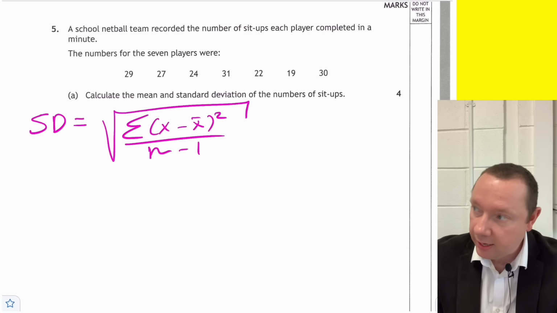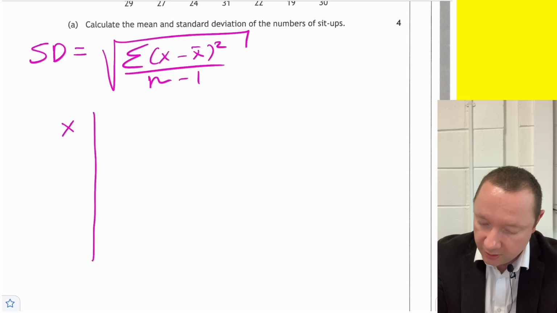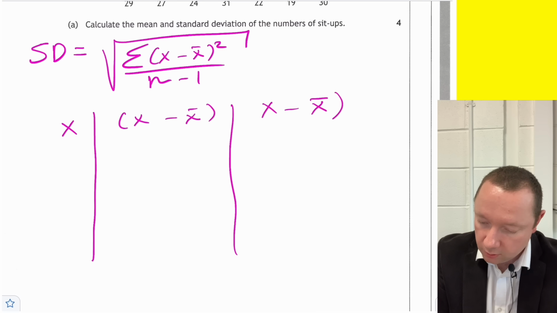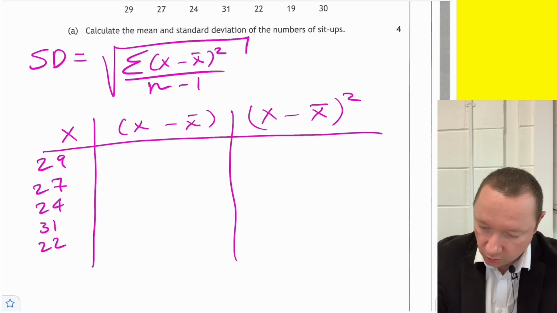So in this case, I need to draw my table out. Remember, we got this formula at the start of the exam paper. So x, x minus x bar, x minus x bar all squared. And we put our numbers in, which is 29, 27, 24, 31, 22, 19, and 30.